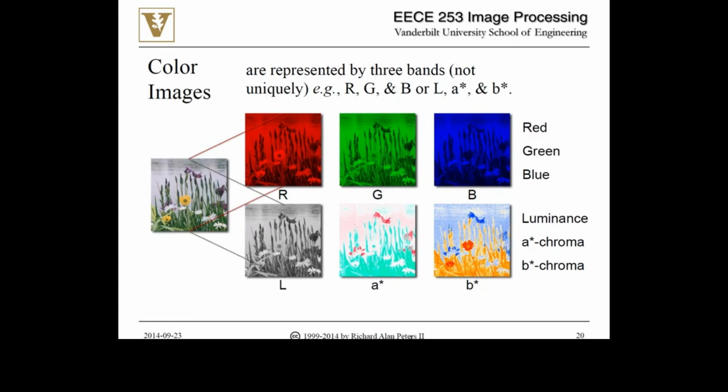But one accounts for the number of photons, the other two account for colors, and you can give them many different names. In one of them it is A star chroma, B star chroma. But in general, these are called the chrominance channels. So you should separate into luminance and chrominance. Luminance is the number of photons, and chrominance is the wavelength of those photons.